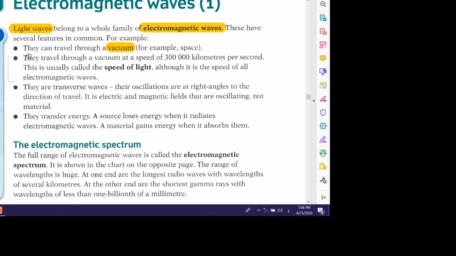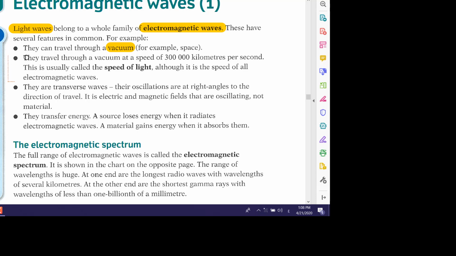But in light, or in electromagnetic waves in general, there is no need for a medium, there is no need for particles to carry the waves. These waves can travel through a vacuum, for example, space.